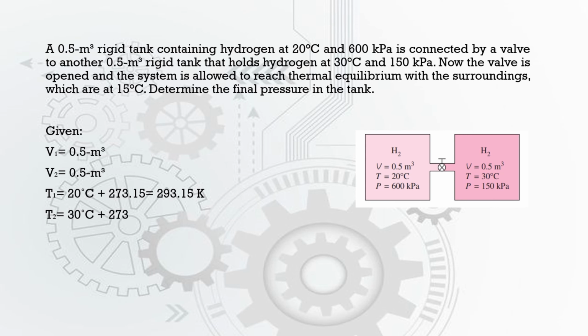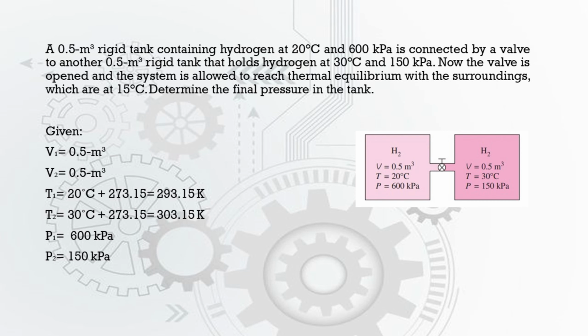And the temperature at tank 2 is 30 degrees Celsius plus 273.15, which is equal to 303.15 Kelvin. The pressure in tank 1 is equal to 600 kilopascals and the pressure in tank 2 is 150 kilopascals.